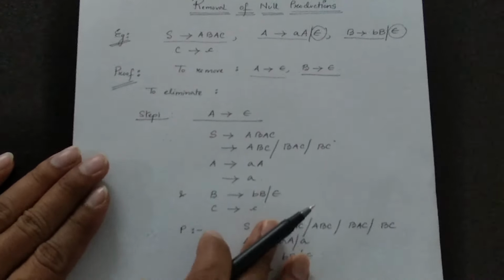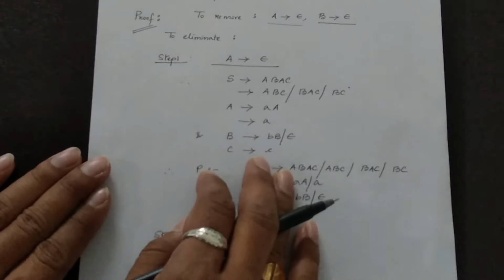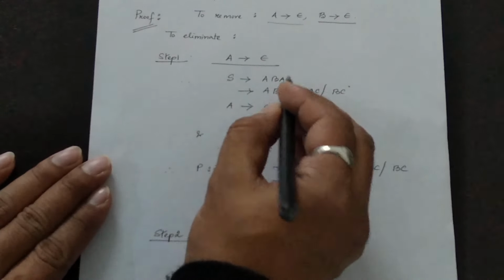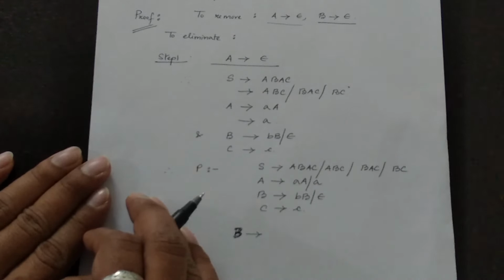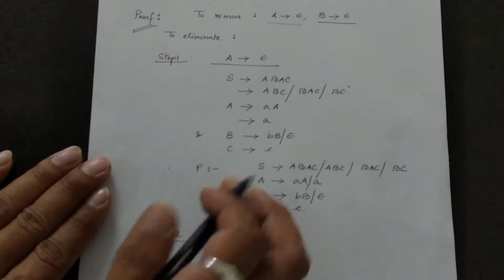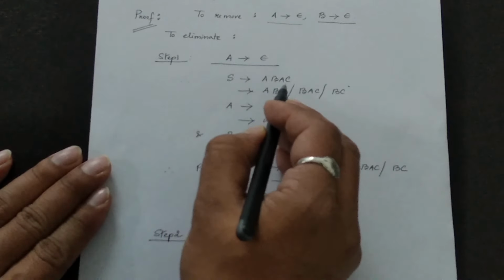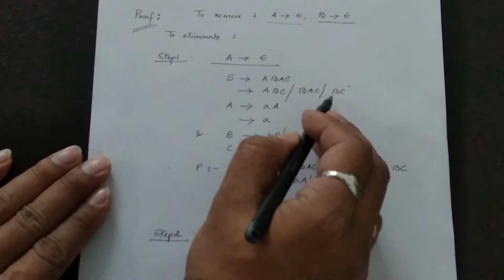So first, I have to eliminate A tends to epsilon. Now I have taken the first production, S tends to ABAC. Now I will find out the different probability types. That means if I eliminate A tends to epsilon in this particular scenario, first for this one, what will be the string? Then next for this one, and then if I eliminate both, what will be the answer?